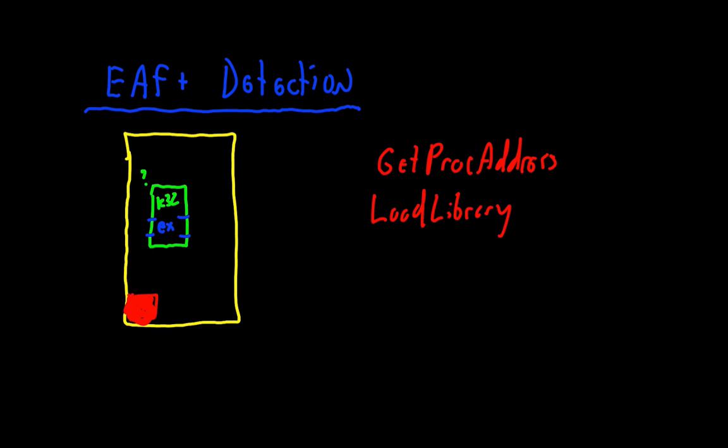There's another data structure called the PEB, the process environment block, and the PEB is available at a findable location. So to find kernel32, we read the PEB and use it to find kernel32, and then we walk the export table looking for GetProcAddress and LoadLibrary. We then have the pointers we need to start doing stuff.